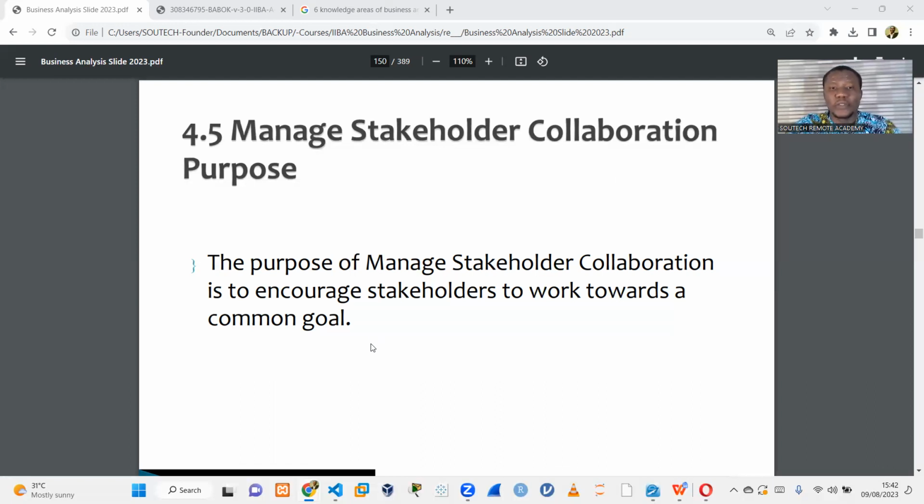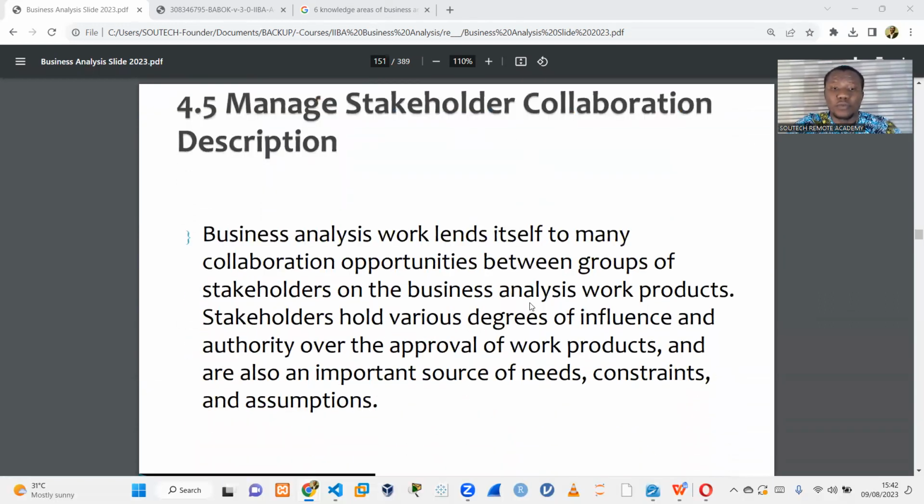We say stakeholders are those that are going to be impacted, influenced, interested, or that have a say. It can be a small say, it can be a high say. It can be those that have influence, it can be those that can make or mar the project. So you want to make sure that everybody is working towards the same goal.